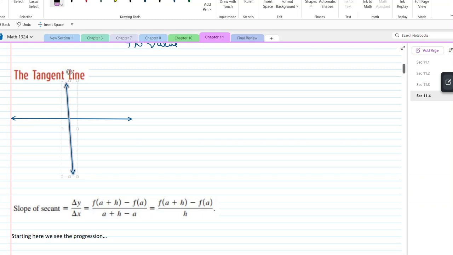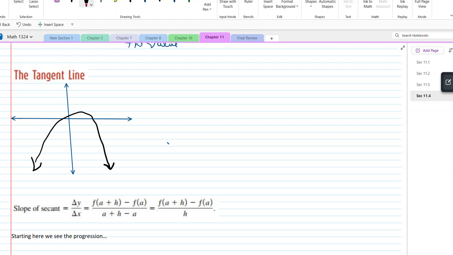So we have a coordinate plane here, and it's drawn halfway decent, but it's better than me drawing lines that don't make sense. So I'm going to insert for you a function, and I'm going to do an upside down parabola. All right.